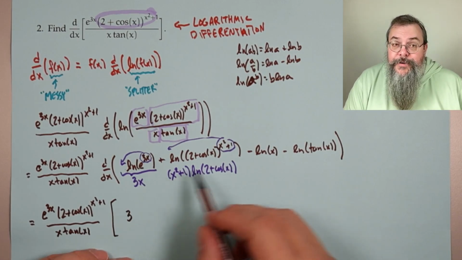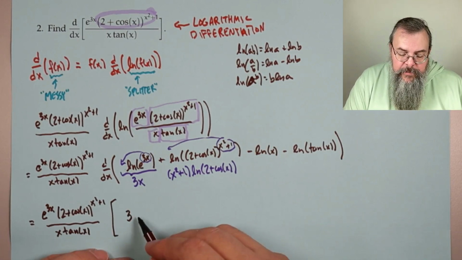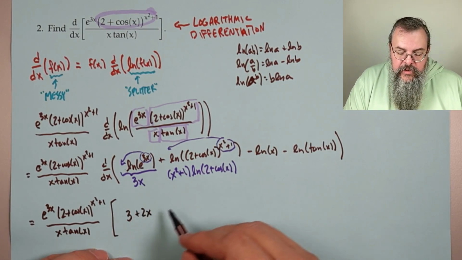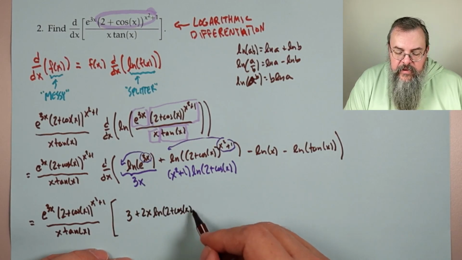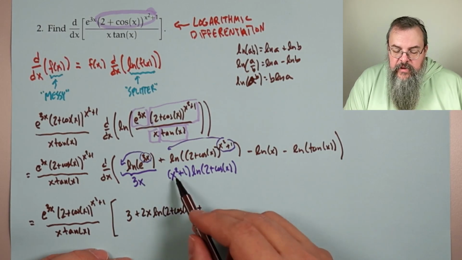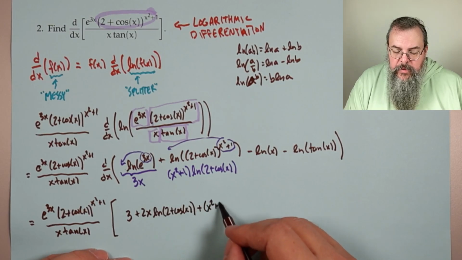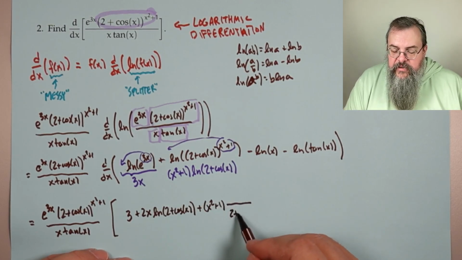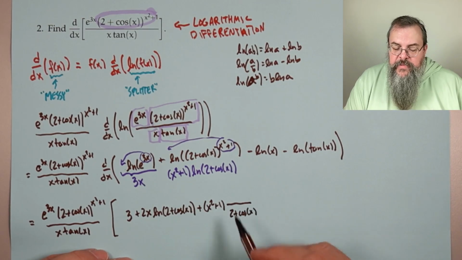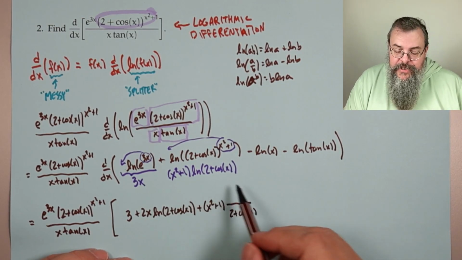Here, product rule. Derivative of x squared plus 1, 2x. So 2x log 2 plus cosine of x plus first function x squared plus 1. And the derivative of log, you put the function on the inside downstairs, so 2 plus cosine x times the derivative of the function upstairs.